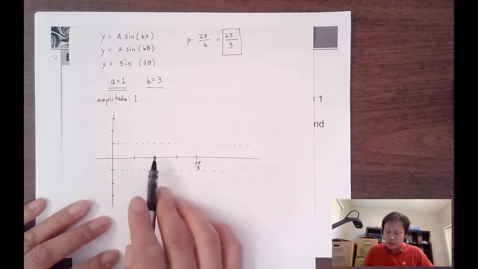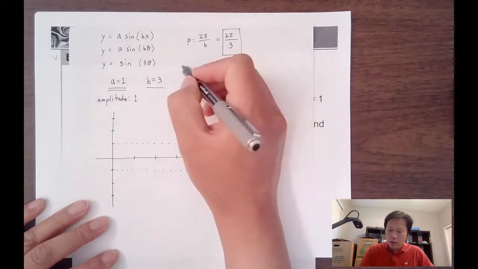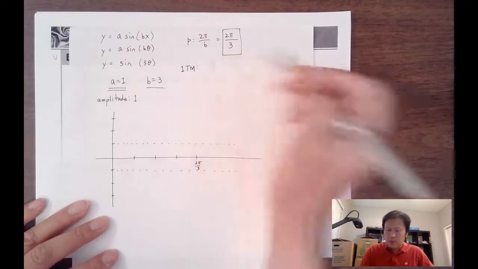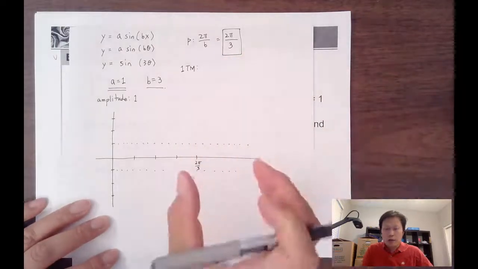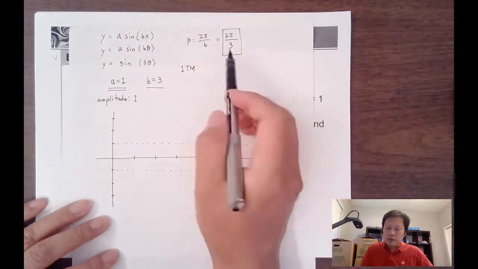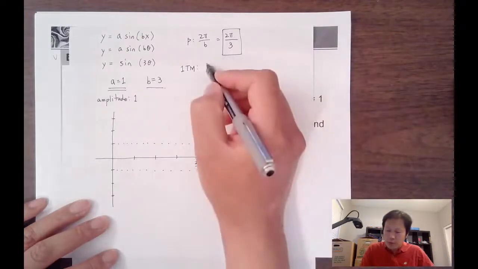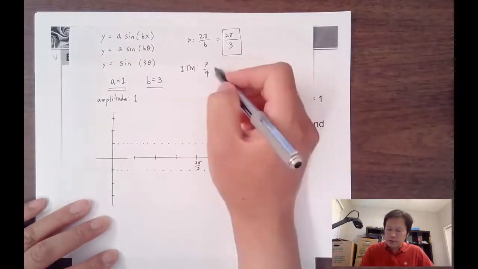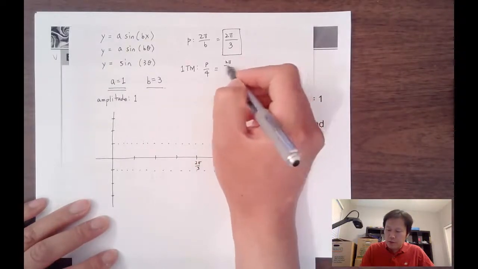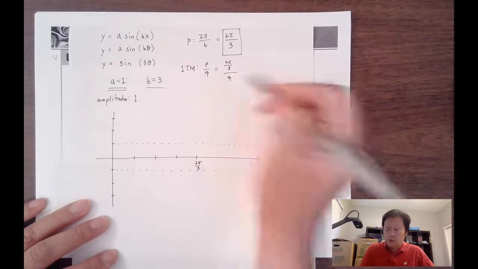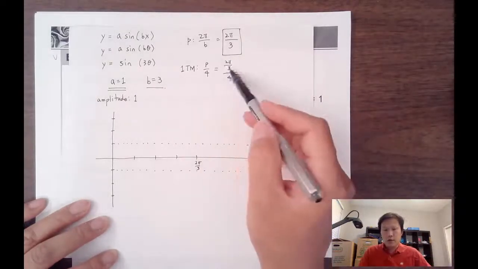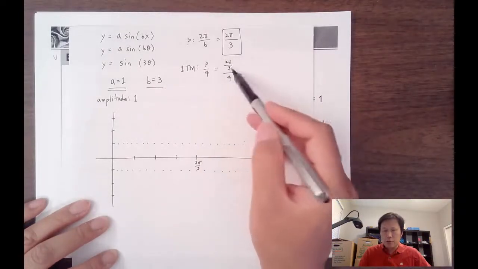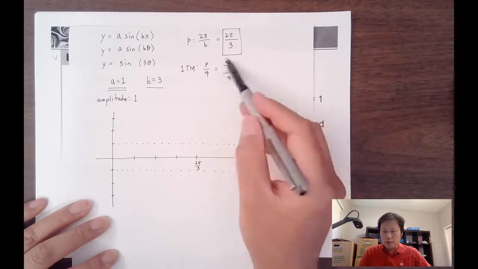Since we are cutting that into 4, you need to calculate how wide 1 tick mark is. So the period divided by 4. That's how you calculate 1 tick mark. The period is 2 pi over 3 divided by 4. A fraction, numerator over denominator, means numerator divided by denominator.